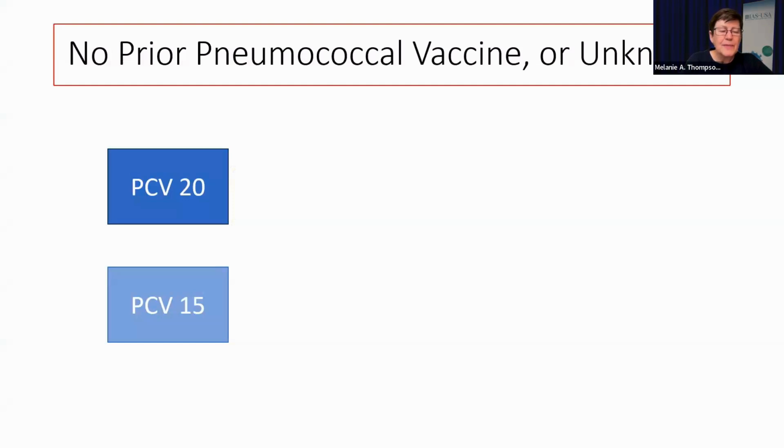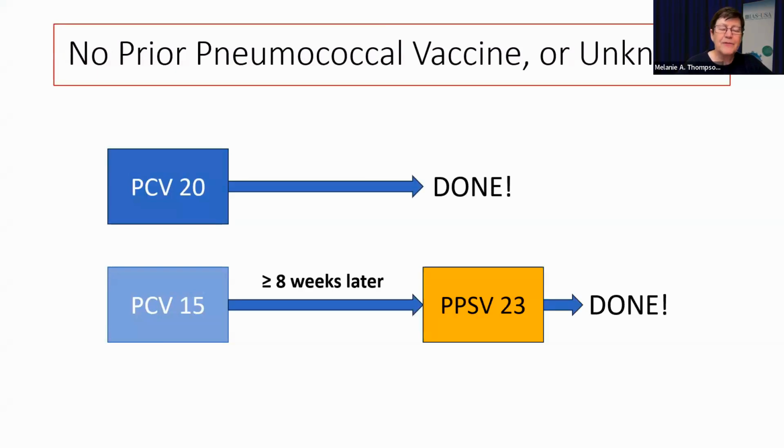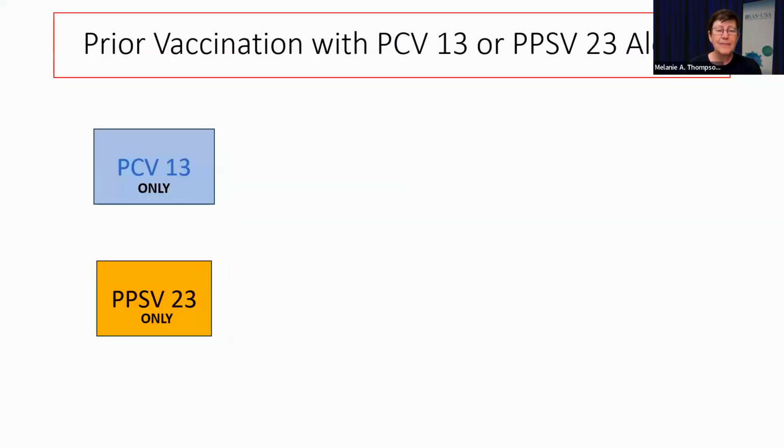You can give them either PCV20 or 15 next. And if you give PCV20, you are done. They right now do not need any more vaccines for the rest of their life or until the guidelines change. Next. If you give PCV15, then at least 8 weeks later, you're going to give PPSV23, and then they are done. So really only 2 vaccines.